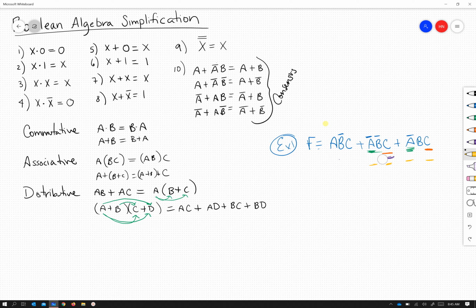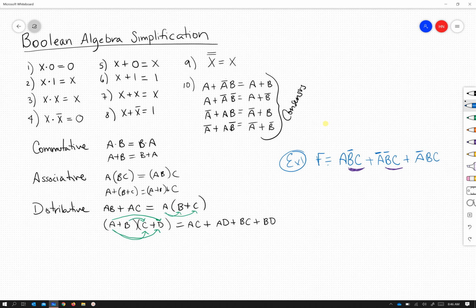So let me erase all these other options. We're going to factor out not B and C from these two terms. Following the distributive property, we take not B and C outside of the parentheses, and I'm only taking it out of these first two terms. This third term I don't touch; I just write it again in the next line. Since I took it out of two places, inside my parentheses I'm going to have two things.